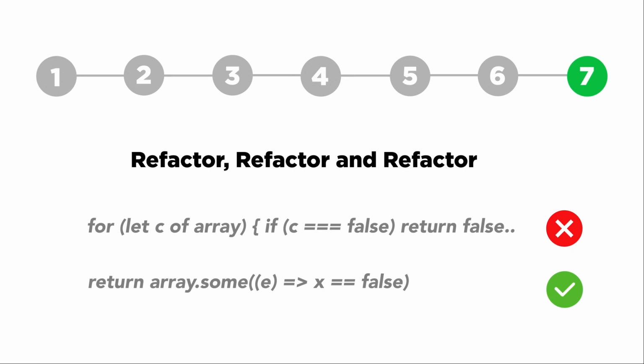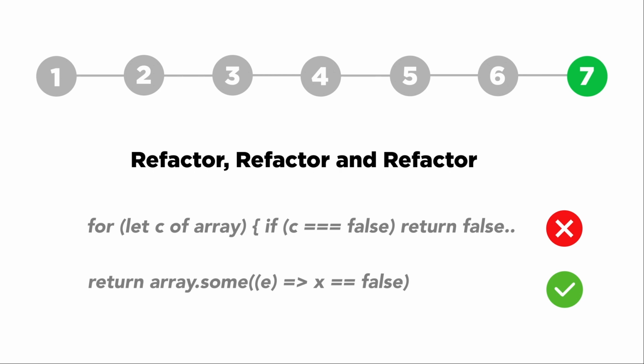Instead of looping through each value and finding if one of them is false, we can just use a utility from the prototype, some, and then we find if one of the values in the array is false. So refactoring JavaScript makes sense. It's really useful. So I recommend that you always refactor your code.